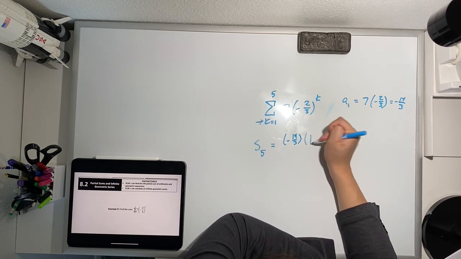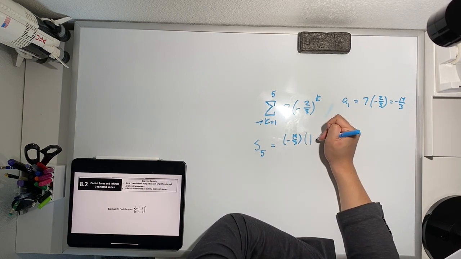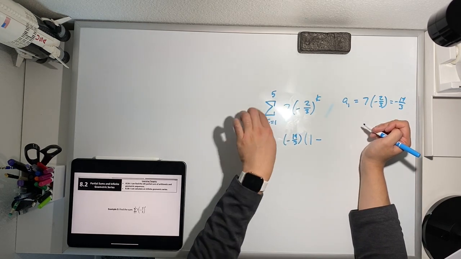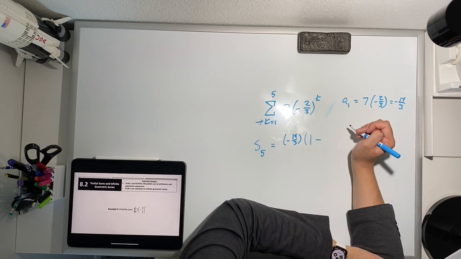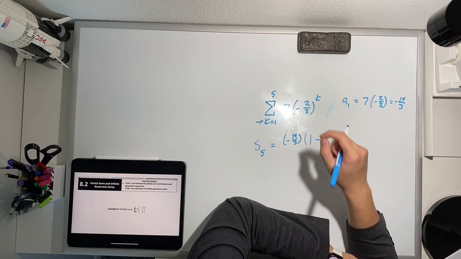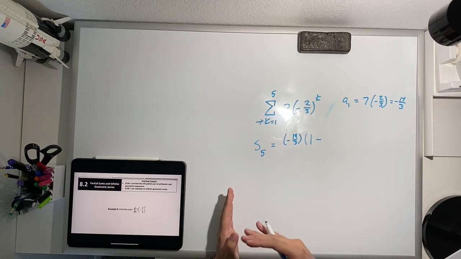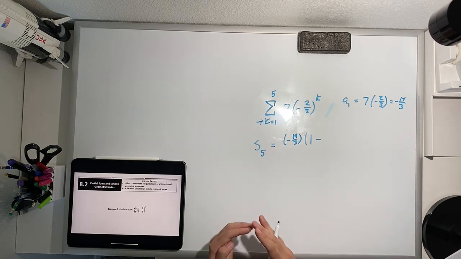Then we're multiplying times 1 minus, what is r? Okay. When it's written in sigma notation like this, remember that r is what we're multiplying by each time. So it's what's going to be multiplied repeatedly. In other words, an exponent is repeated multiplication. It's whatever we're raising to a power.